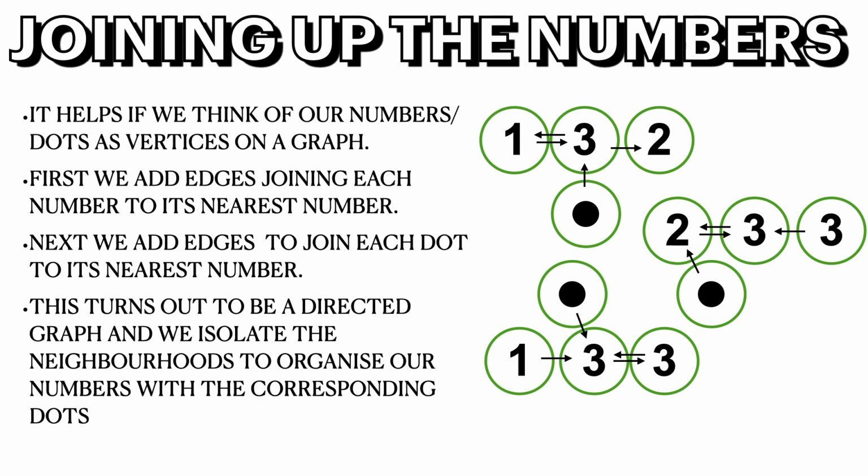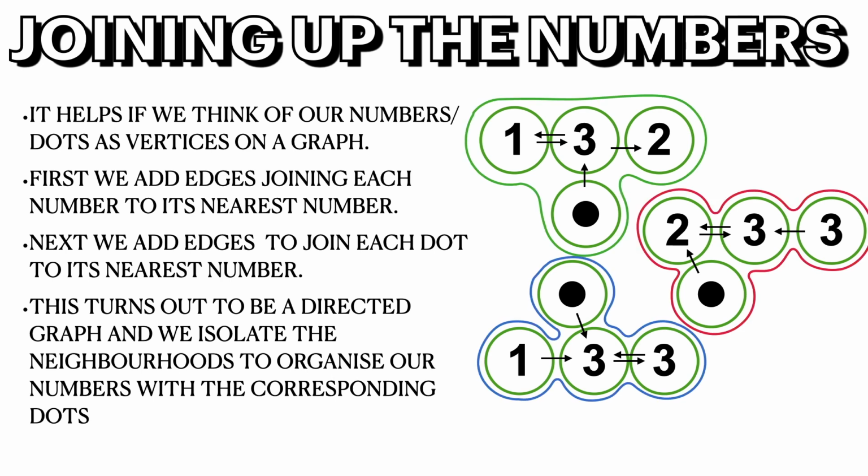And once you've got something like this, which is basically a directed graph, then it's pretty straightforward using conventional graph theory Python libraries. You can join up the vertices along the edges, and what we basically want are the neighborhoods, which look something like this. These are the contiguous areas of the graph which are all joined up, and that equates to our numbers and associated dots.